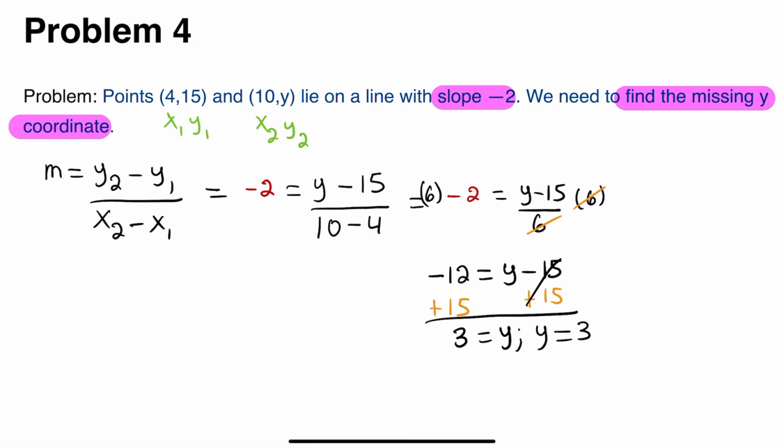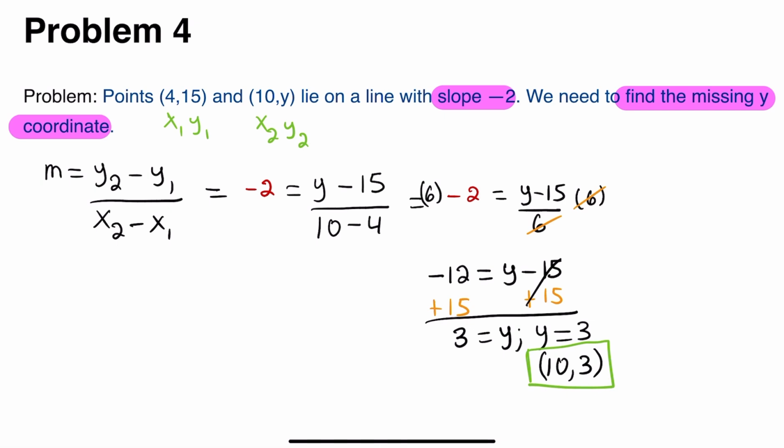Since the line is going down, y should come out smaller than 15, and it does. y is equal to 3. So the missing coordinate is y equals 3. That means the point here is (10, 3), which is our final answer.